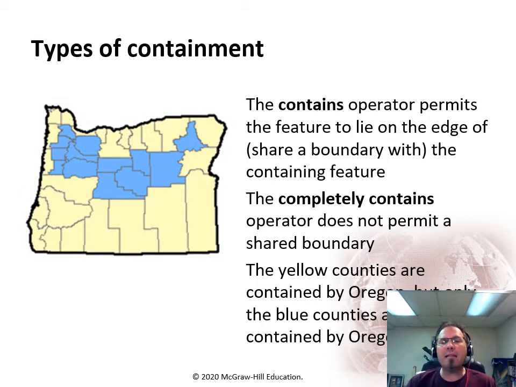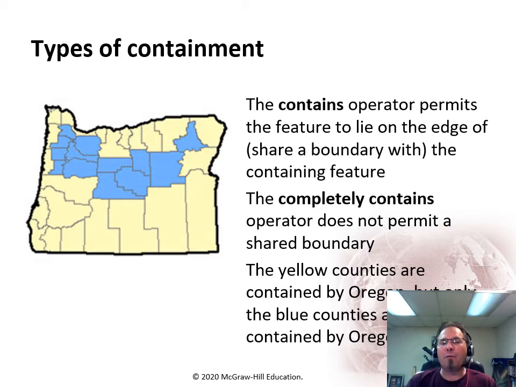So the contains operator permits the features to lie on the edge, whereas completely contains, again, this is one of those special things, doesn't allow you to share a boundary. If you look at these, these are very specific examples. The counties are contained within the state of Oregon. So Oregon contains the counties.